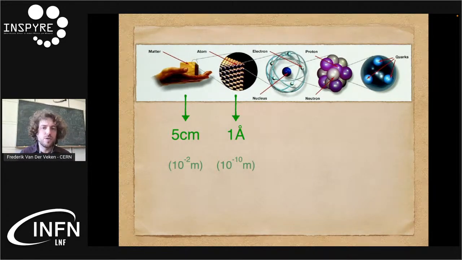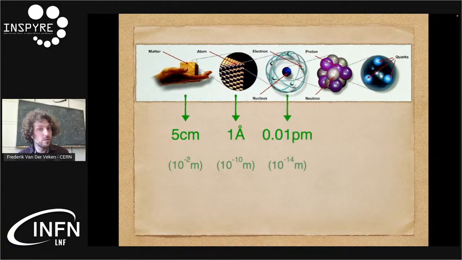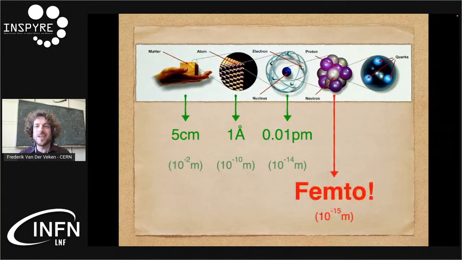An atom, as you know, is made of a nucleus and electrons around it. So we go to 0.01 picometers, which is 10 to the minus 14. And then the nucleus itself is made of protons and neutrons, which have the size of a femtometer, 10 to the minus 15, femtoscale.